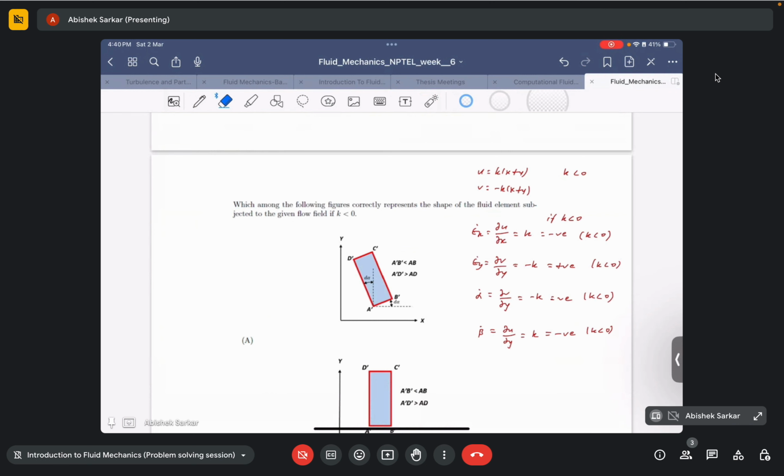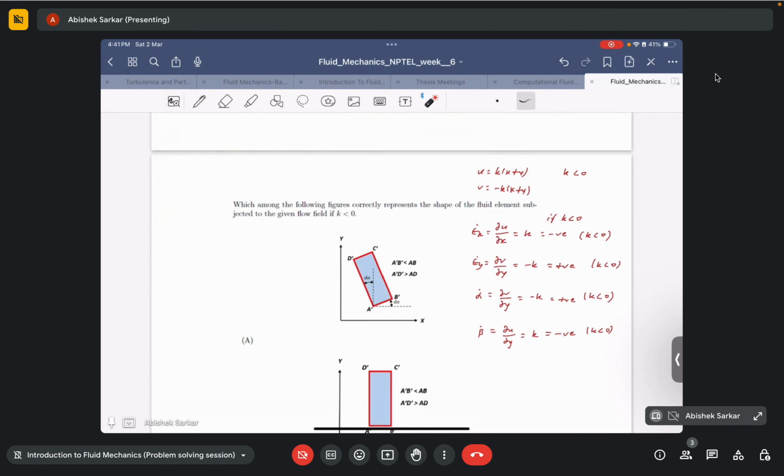Now look at these expressions and tell me which would be the most suitable deformed shape of the fluid element after some time delta t, where delta t tends to 0, because these expressions that we derived are only valid in the limit delta t tends to 0.